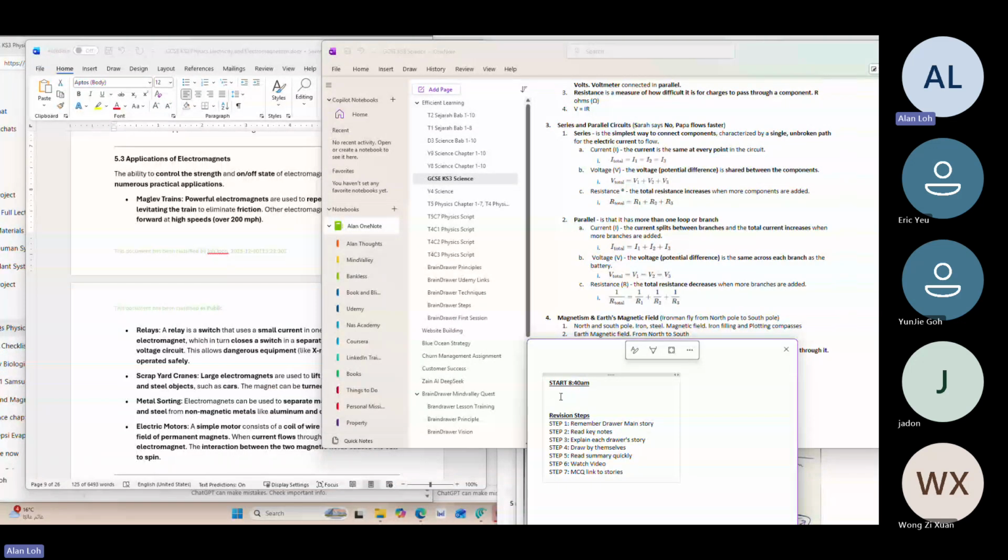Now it's 9:59 or 10 o'clock. So it's slightly more than 1 hour, and I'm quite confident you are able to feel that you understood this chapter very well.